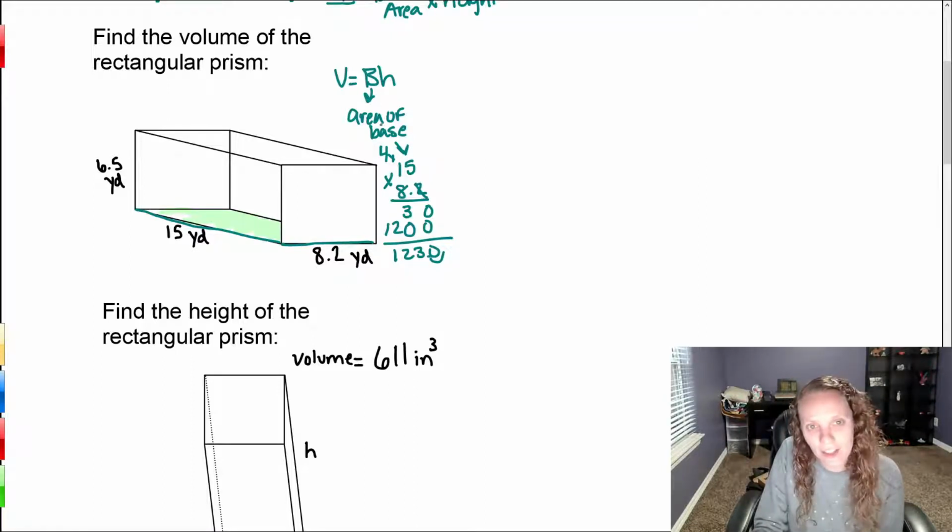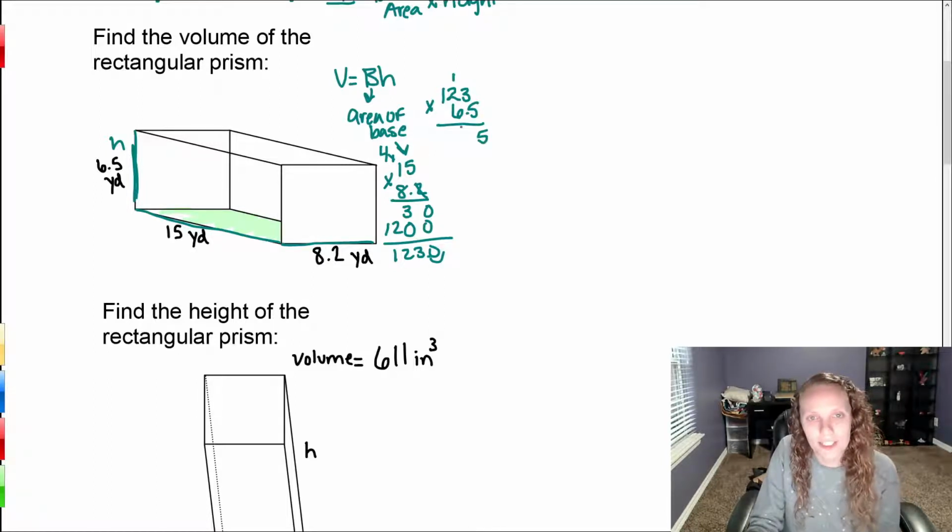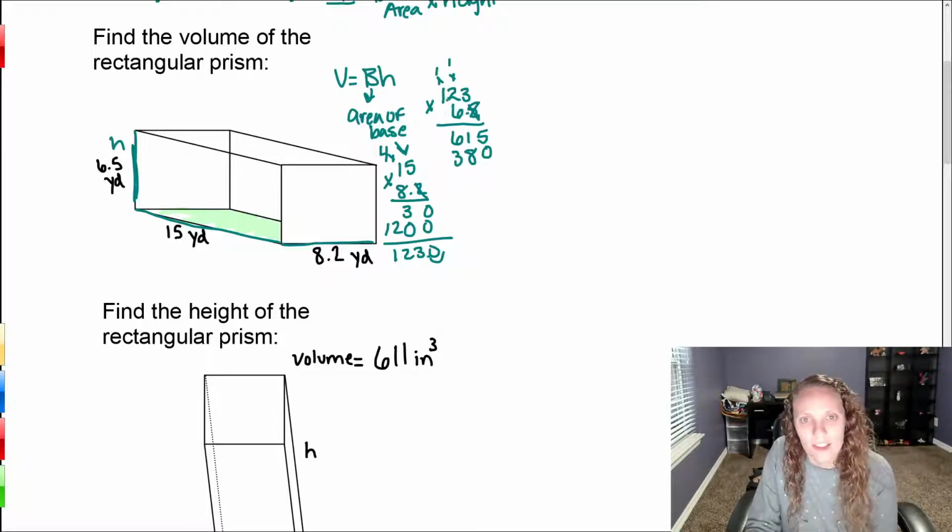Now we're going to take the area of the base and multiply it by the height. So now 123 times the height, which would be located right here, 6.5. 5 times 3 is 15, carry the 1. 5 times 2 is 10, plus 1 is 11. 5 times 1 is 5, plus 1 is 6, add a 0. 6 times 3 is 18. 6 times 2 is 12, plus 1 is 13. 6 times 1 is 6, plus 1 is 7, and let's add it up.